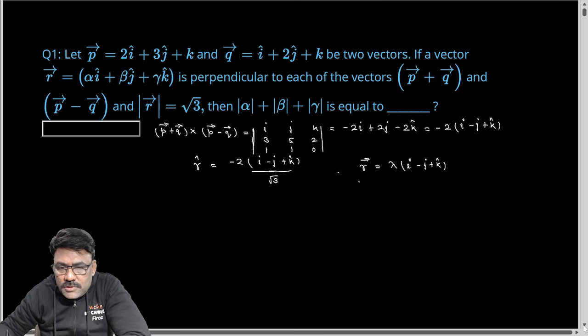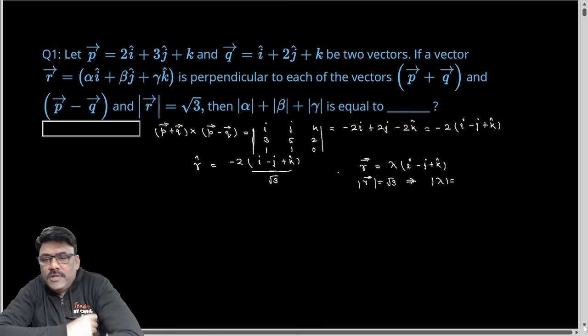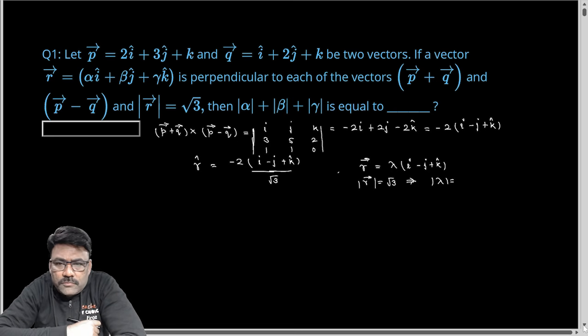Now mod r is root 3. So this gives you mod lambda is equal to under root 1 plus 1 plus 1. Can I take r like this? Yes, I can.